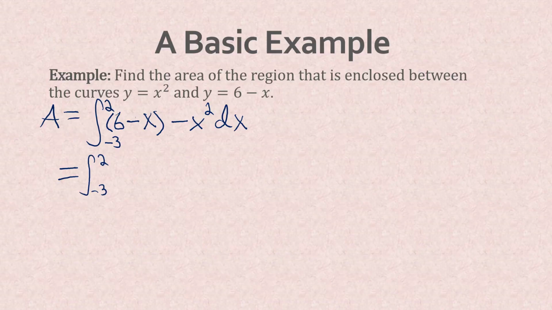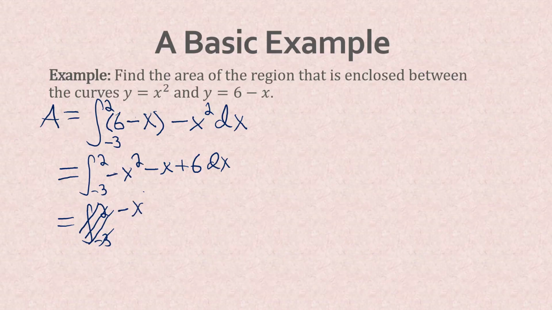If I just rewrite this in standard order, negative x squared minus x plus 6. Then I'll just apply my power rule, so add 1 to the power and divide by the new power.